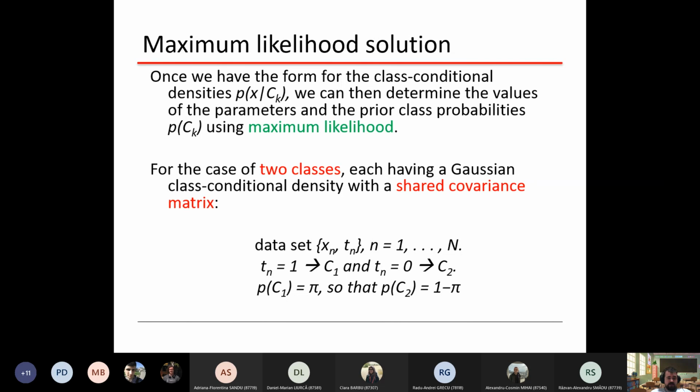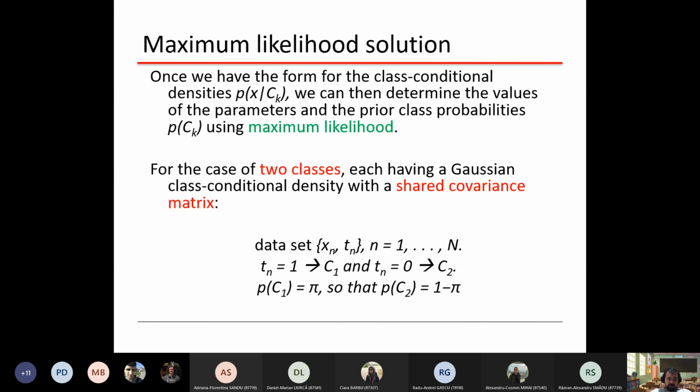Now, the maximum likelihood solution. We need to solve this. Once we have the form for the class conditional densities, we can determine the values of the parameters using maximum likelihood. And again, we consider the situation when we have a shared covariance matrix.